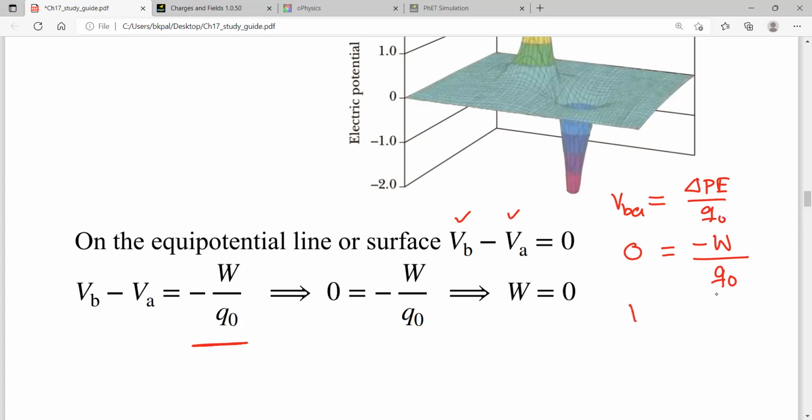So you can see that W is equal to 0, and this tells us that if a charge is on an equipotential line or an equipotential surface, then you don't need to do any work to move this charge from one place to another. The work done is equal to 0.